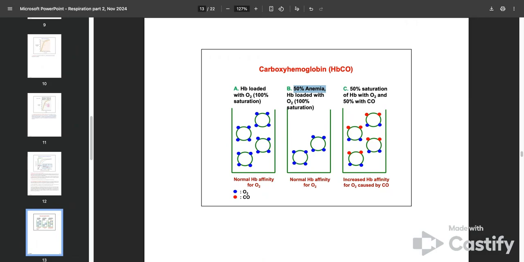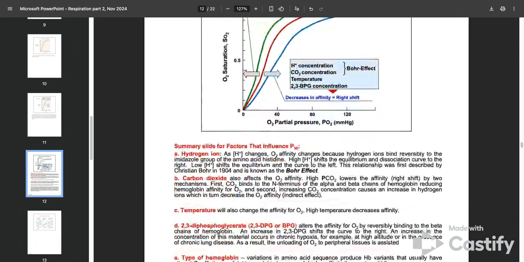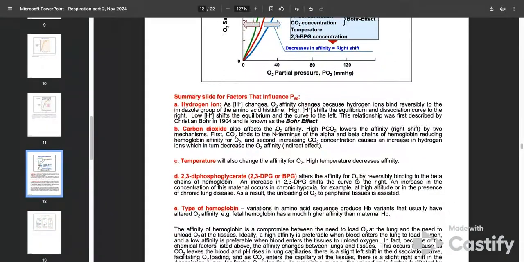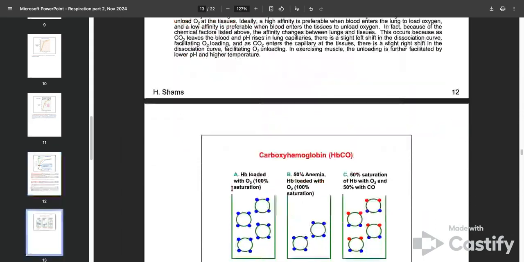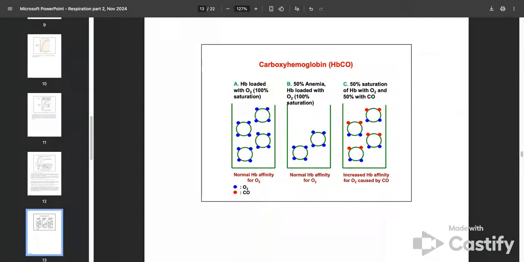If hemoglobin is decreased, the affinity is not changed; it would be changed by these factors: hydrogen ions, carbon dioxide, temperature, 2,3-phosphoglycerate, and the type of hemoglobin, which we took before, and you can read the slides. Anyways, so this guy has anemia. His hemoglobin is still going to have normal affinity. However, he's going to have less oxygen in his blood, of course.